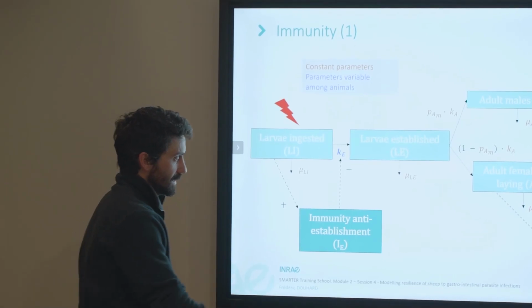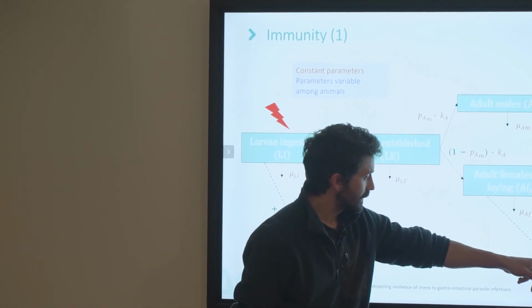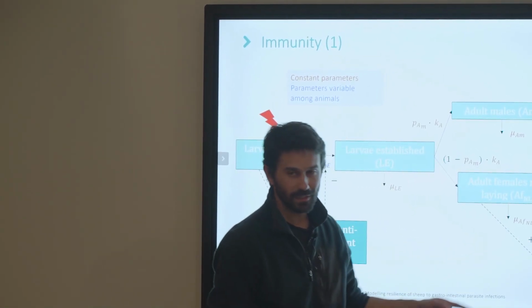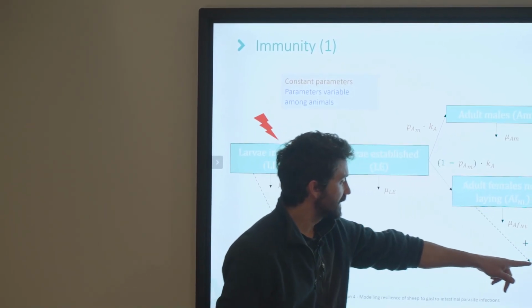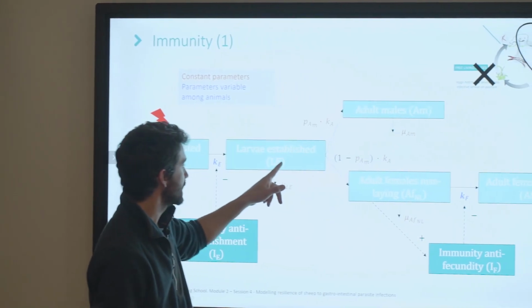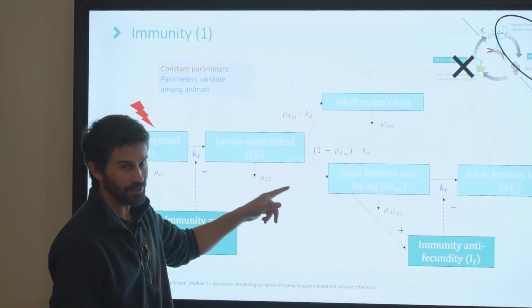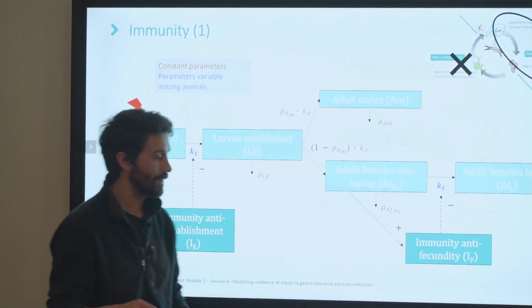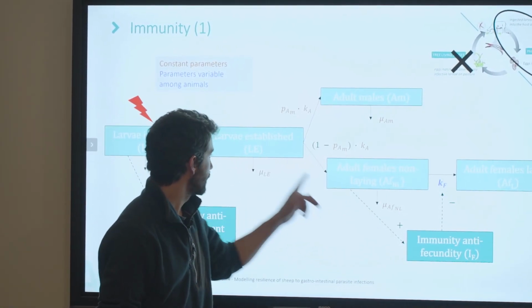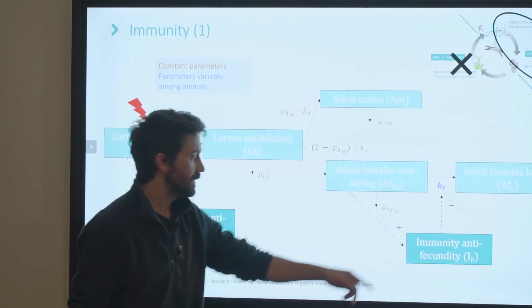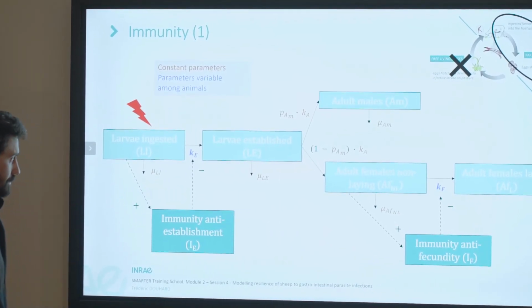And in this compartment, I have a mistake. It's not stimulated by this compartment. It's stimulated by the number of larvae established. So you can correct it on the slide, but it's the number of larvae established that stimulate immunity against fecundity.